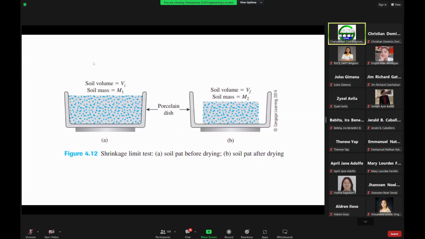So in the shrinkage limit test, this is the soil pat before drying, and this is your soil pat after drying. Before drying, you have an initial soil mass of M sub 1 and an initial volume V sub I. After drying, you have the final soil mass, M sub 2, and the final soil volume, V sub F. Going back, you now have these terms, M sub 1 and M sub 2.